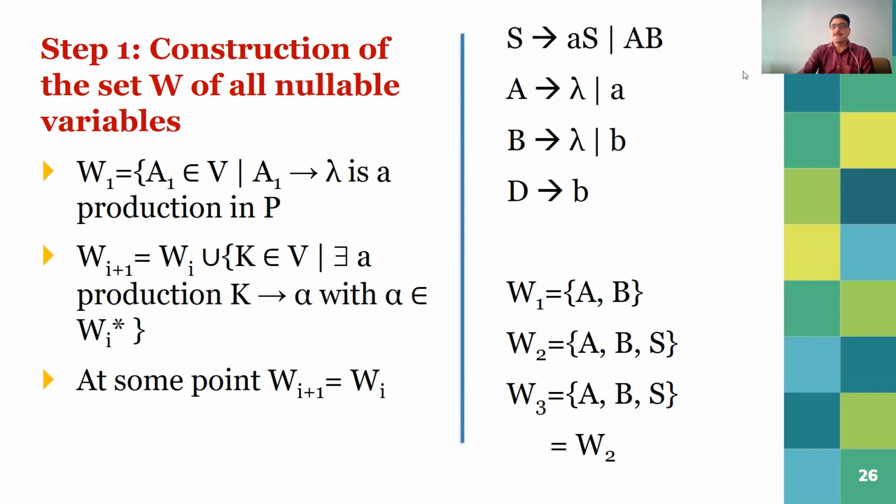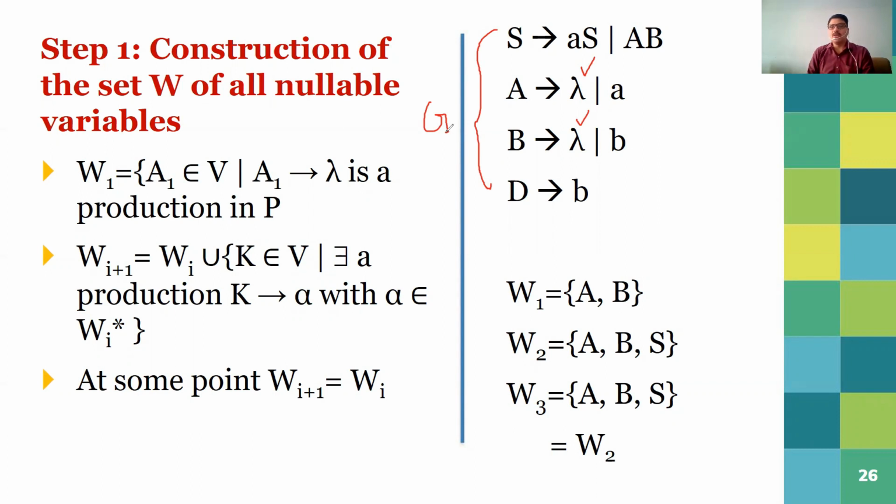Suppose a grammar is given to you in this format: S to aS or AB, A to null, B to null, and D to b. So this grammar G is given to you. Is it clear? Now start with W1.